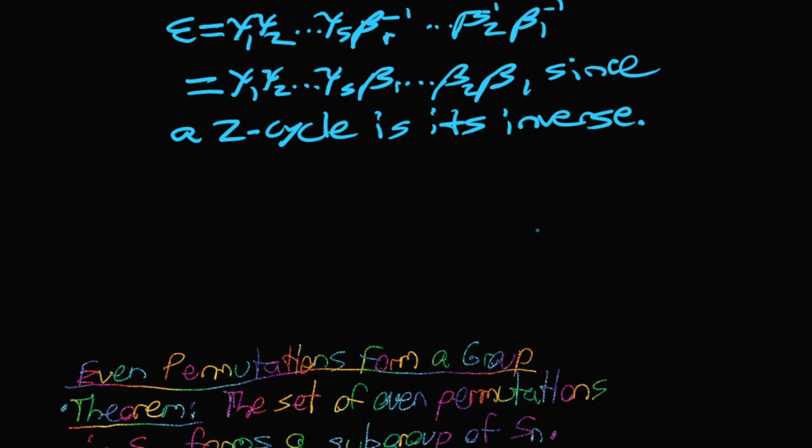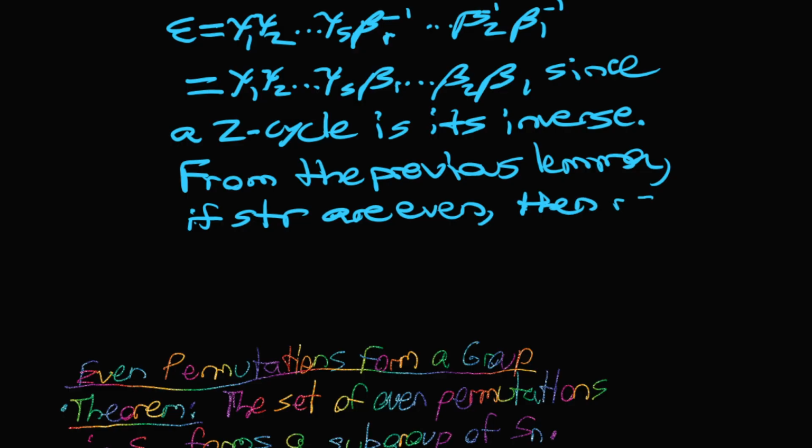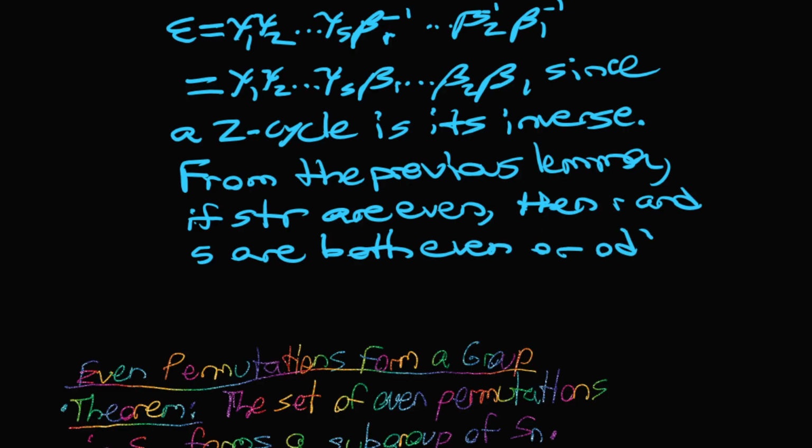So from the previous lemma, if s plus r are even, then r and s are both even or odd as desired.